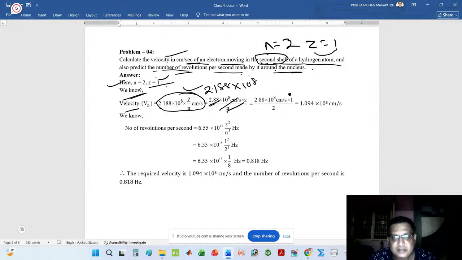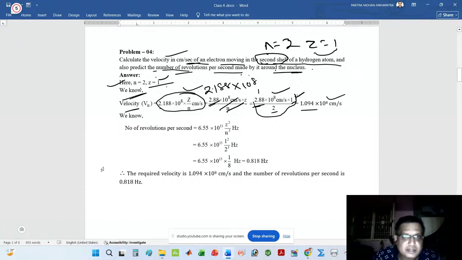Put the value of Z. Look at this step, you are also missing 2.188. 2.188 into 10 to the 8 cm per second. Here multiply with 1, this is the value of Z, and the n value is 2. So if you simplify this, then you will get 1.094 into 10 to the 8 cm per second.